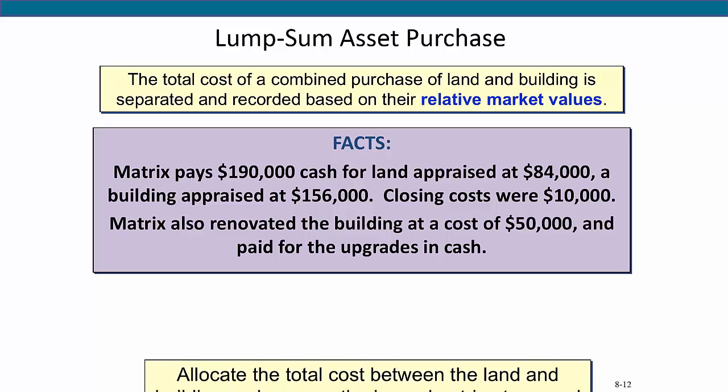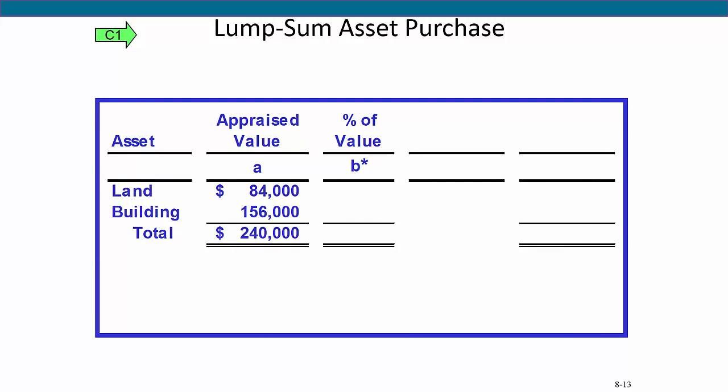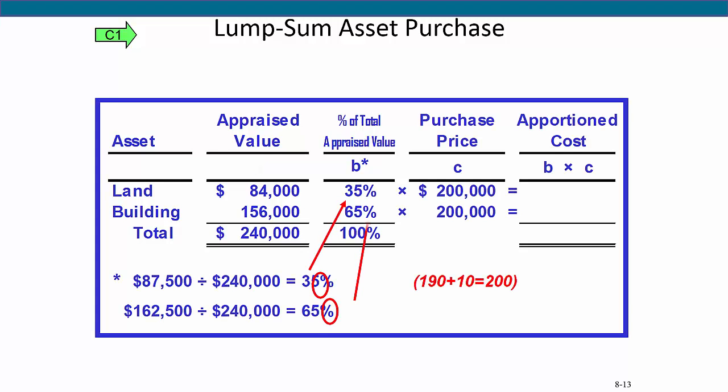So pause the video for a moment and think about how you would accomplish the allocation of these costs. You would begin by calculating the relative appraised value for the land and the building as a percentage of total appraised value.